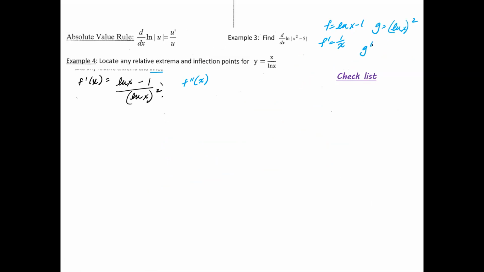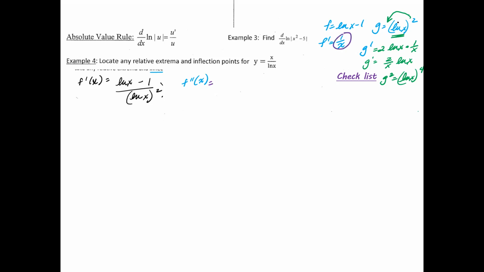And so then your g prime is going to be, and this is going to use the chain rule, I'm going to bring down the 2. So 2 ln x times the derivative of ln x, 1 over x. So if I were to write this a little bit better, it will look like 2 over x times ln x. Okay, so then I need to have my g squared, and my g squared is just going to be ln x squared squared, so that's ln x to the 4th power. Okay, so now that I have this information, let's go ahead and move forward with the quotient rule.